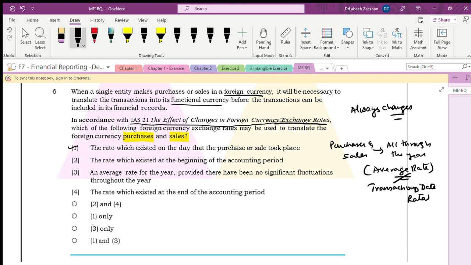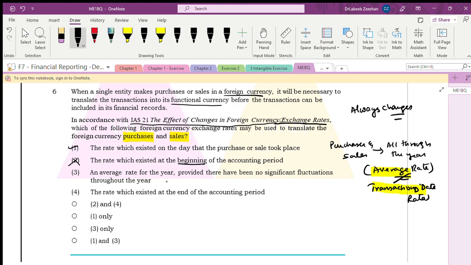The rate which exists at the beginning of the account, no, we cannot take the beginning. For sales and purchases, the opening rate is not applicable. We have mentioned an average rate for the year here, but we are saying it is the rate on the transaction day.